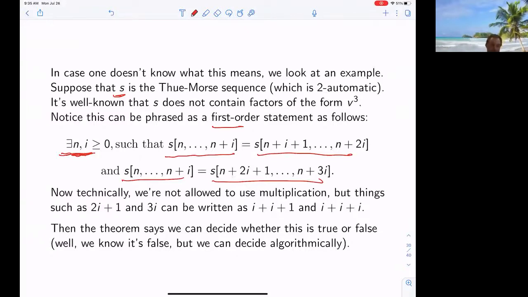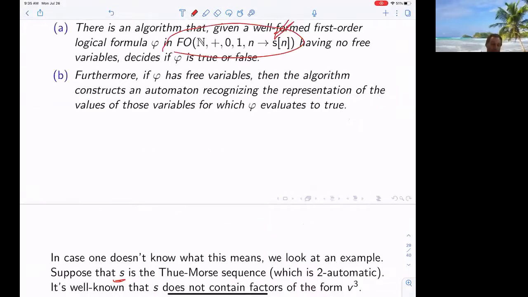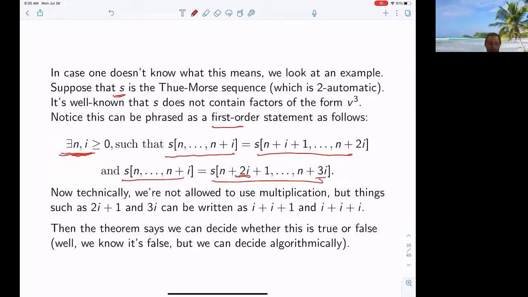The only thing to remark is, notice we've got plus, we're not allowed to multiply. So things like 2i and 3i shouldn't be allowed, but it's not a problem for us because 2i is just i plus i, and 3i is i plus i plus i. It would be a problem if we had something like i squared, because I'm not allowed to use an ellipsis or something like this, but this is certainly fine.